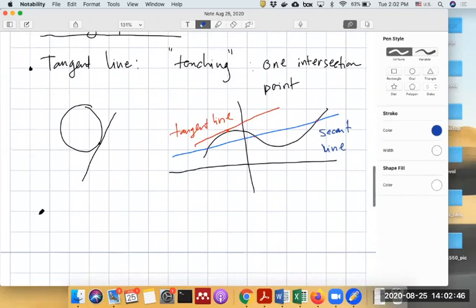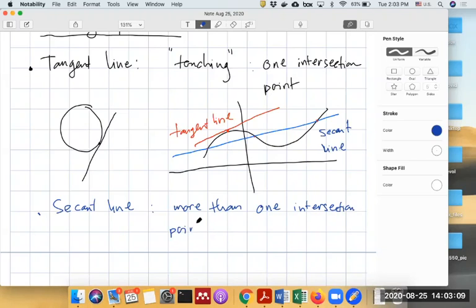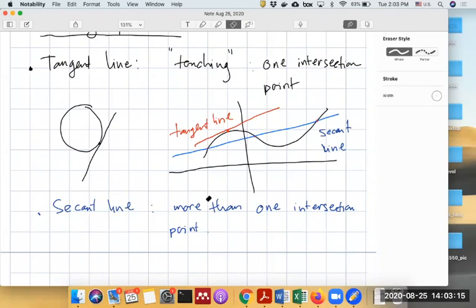A secant line is a line that touches the graph at more than 1 point.